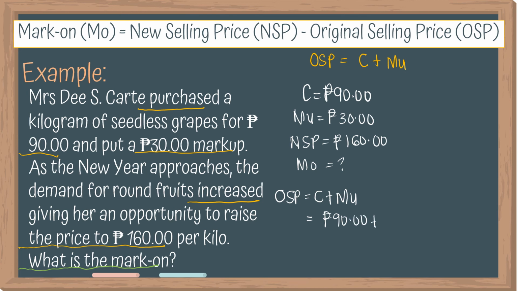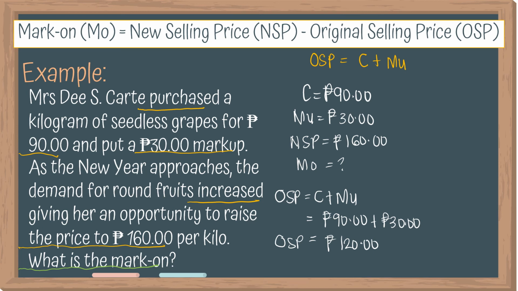And then, add the value of the markup, which is 30 pesos. Adding these two values, we can get the original selling price as 120 pesos.